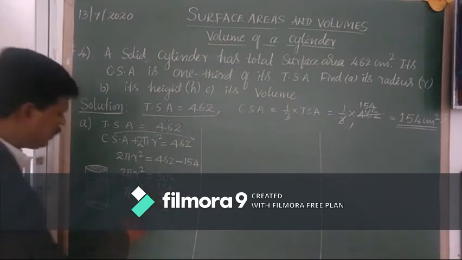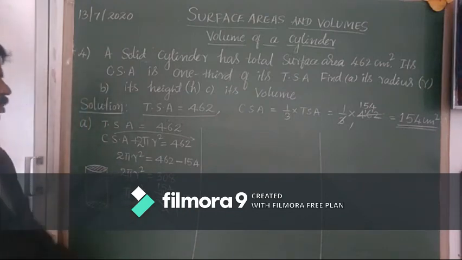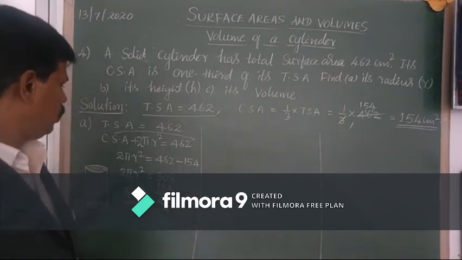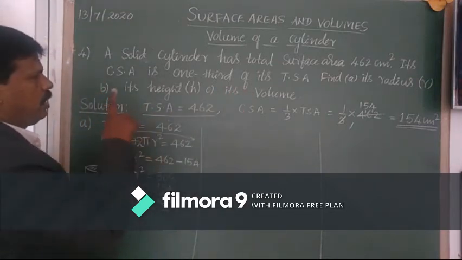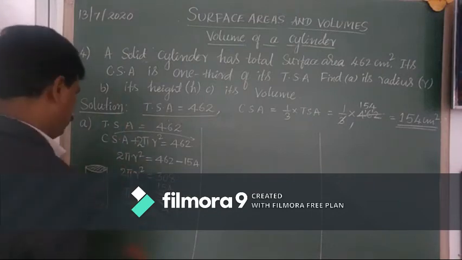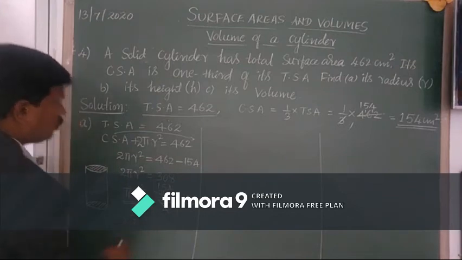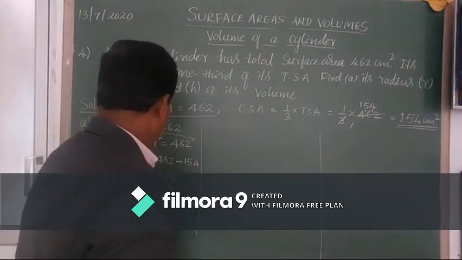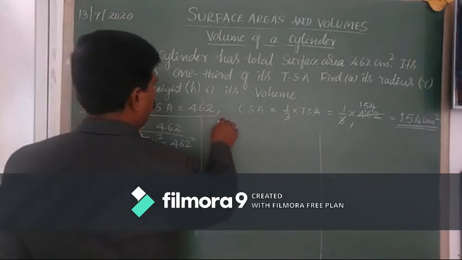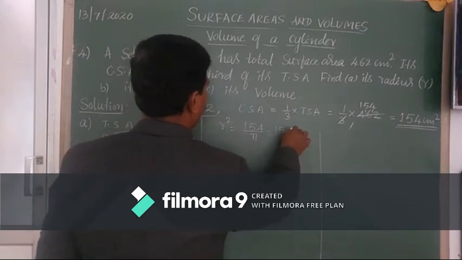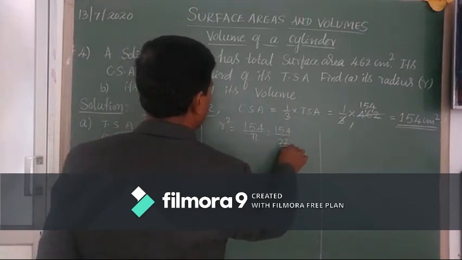So here look at this. This pi r square is 154. Now to find the height we need r. Therefore r square is equal to 154 by pi. That is 154 by 22 by 7.